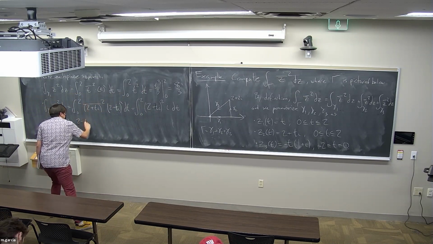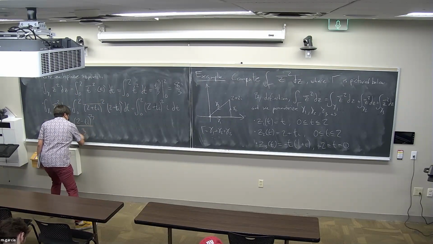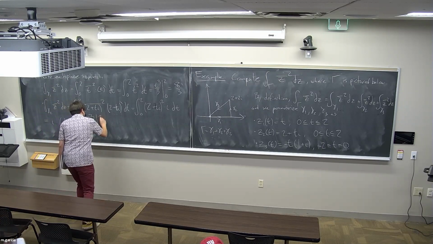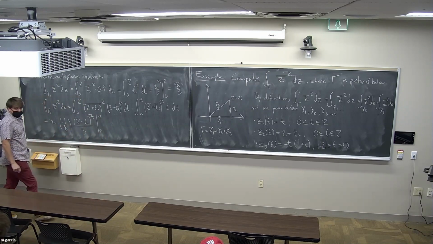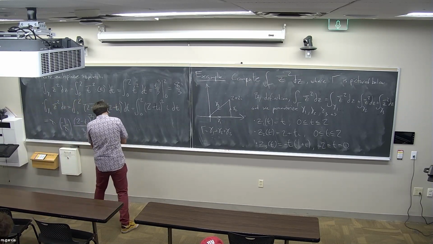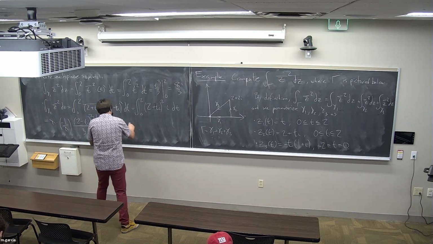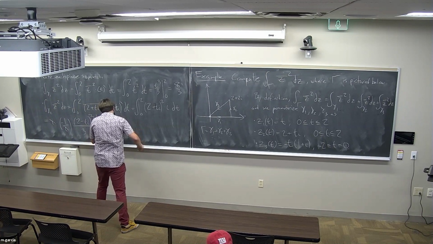So, evaluated at 2 and 0. Okay, here my i's cancel, right? So I get, what do I get in total? I get negative 8 thirds. Oh no, sorry, skipping ahead.